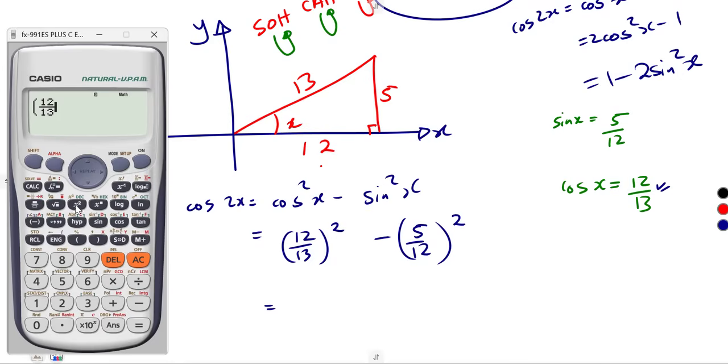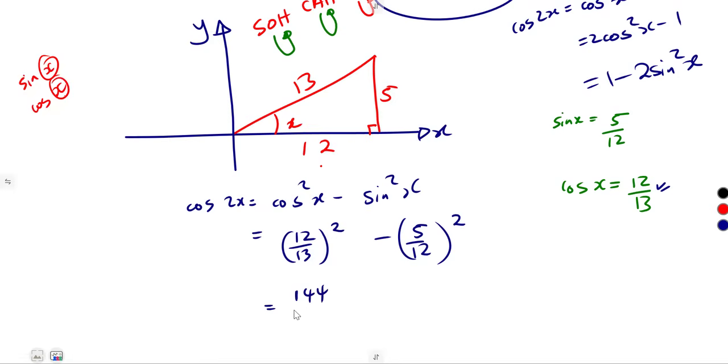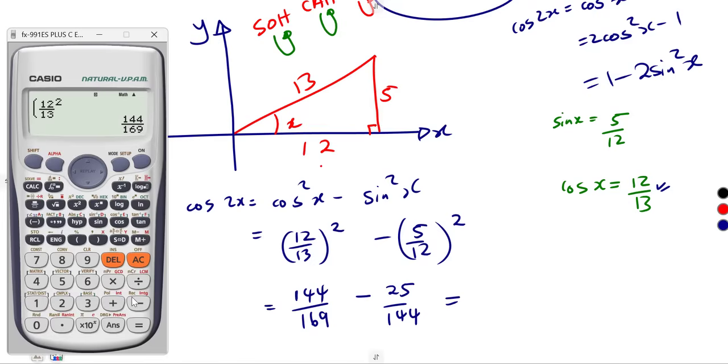We square it. This is 144 over 169, minus 25 over 144. Why is it still giving us a decimal, guys?